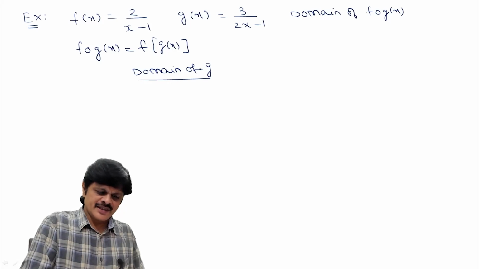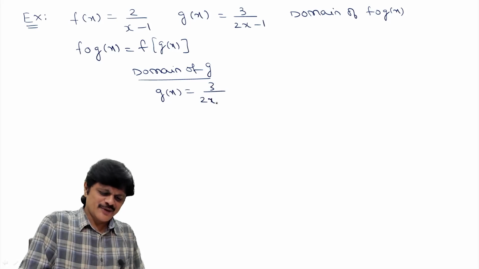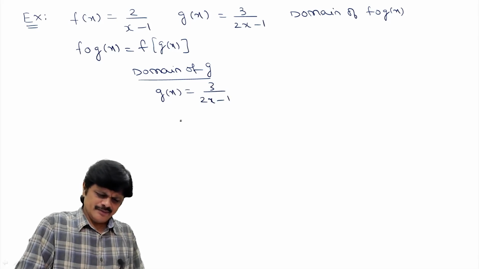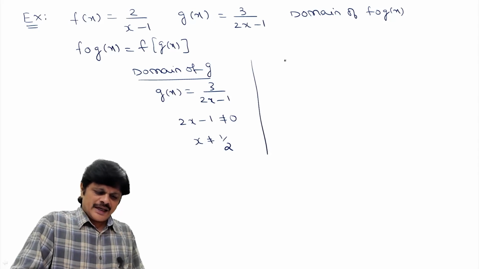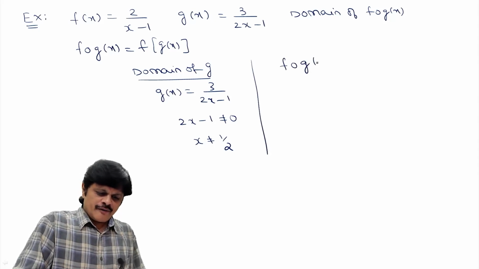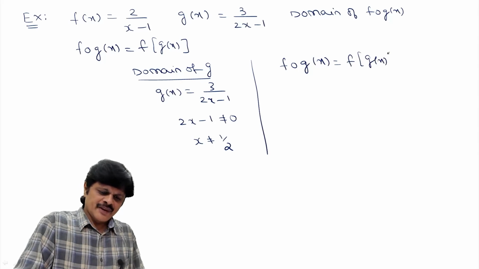Domain of g of x means this g of x is what? 3 by 2x minus 1. That means 2x minus 1 should not be 0. That is, x is not equal to 1 by 2. Now go back to f of g of x. That is f circle g of x. That is f of g of x, which is nothing but f of, what is g of x? 3 by 2x minus 1.